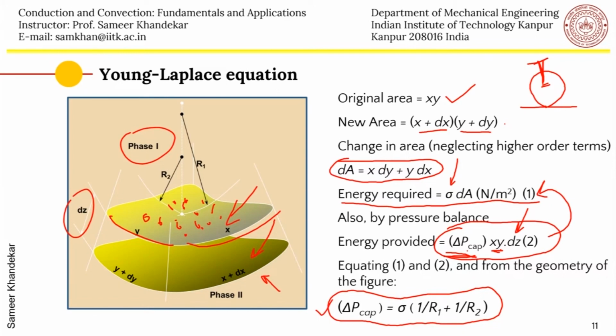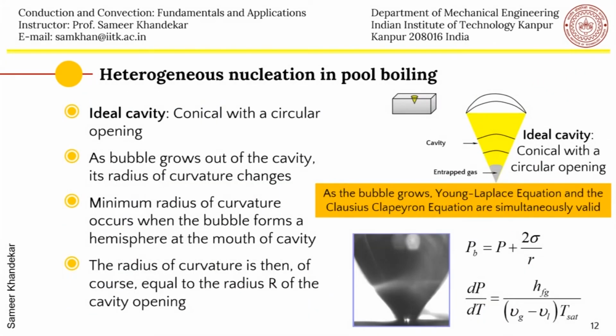Now, what is the next condition? There are two conditions. This is a mechanical condition of stability, and the other condition comes from thermodynamics, from the Clausius-Clapeyron equation. If you recall your Clausius-Clapeyron equation, it relates the pressure condition to the latent heat of the system.